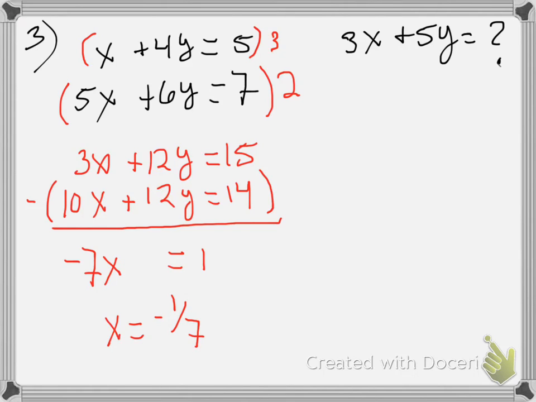I think that what I might do then is take a look at this top equation and have negative 1/7 plus 4y equals 5. Well, let's see, negative 1/7 plus 4y equals 35 over 7.